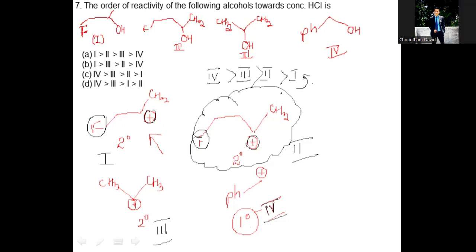It destabilizes the carbocation, and the order of reactivity towards concentrated HCl will follow 4, 3, 2, and 1. So which is the correct answer? C. 4, 3, 2, 1. Let us now move on to question number 8.